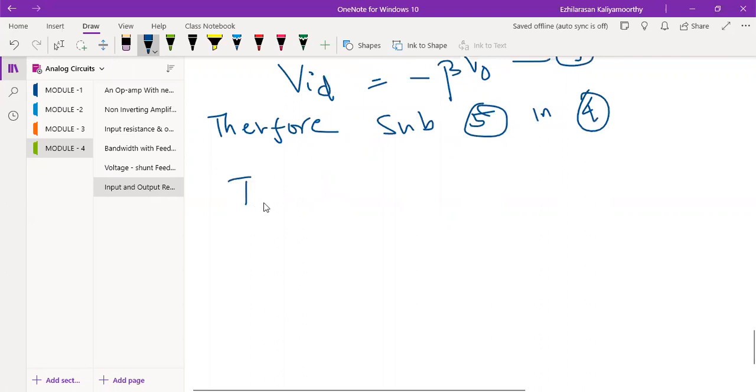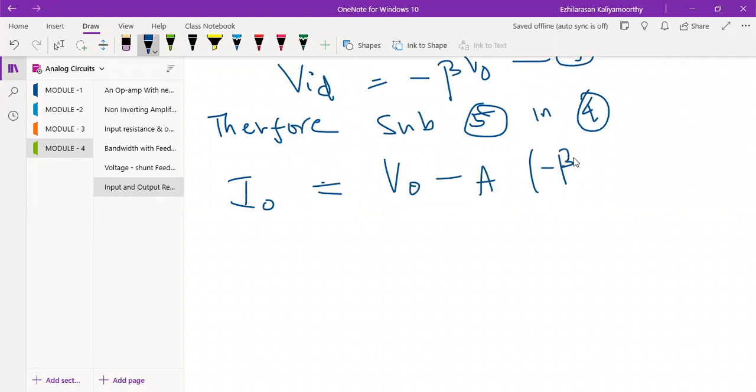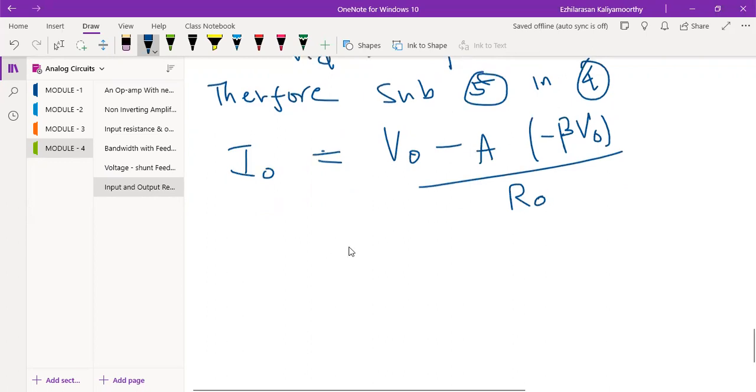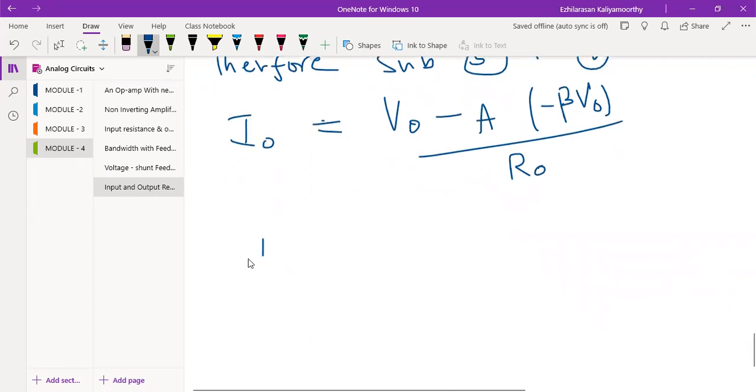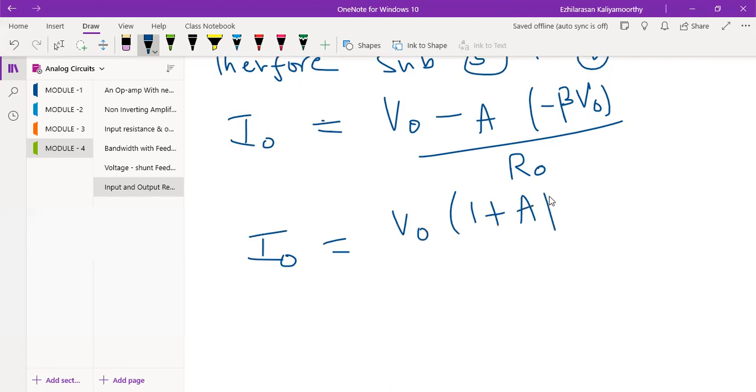I naught will be equal to V naught minus A into minus beta V naught, divided by R naught. Again, simplifying it, we get I naught equal to V naught into 1 plus A beta, divided by R naught.